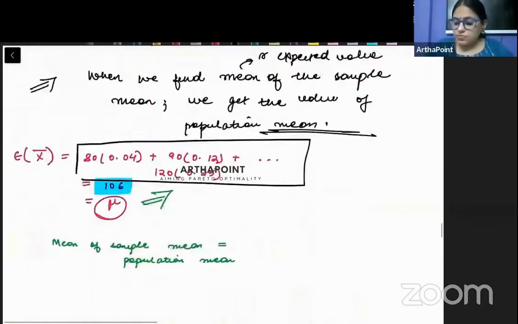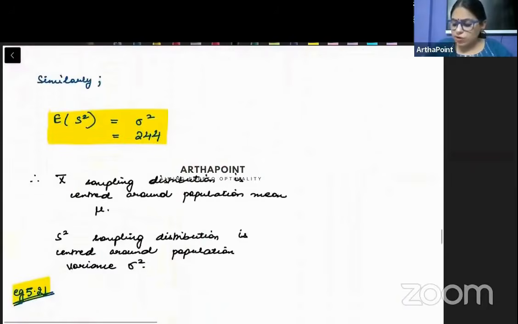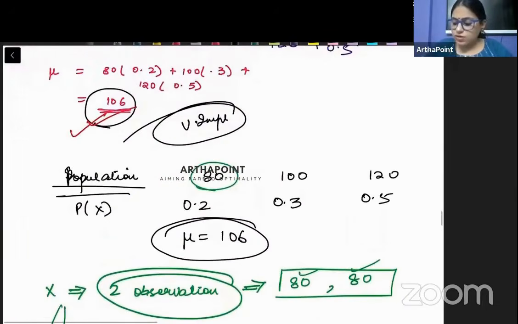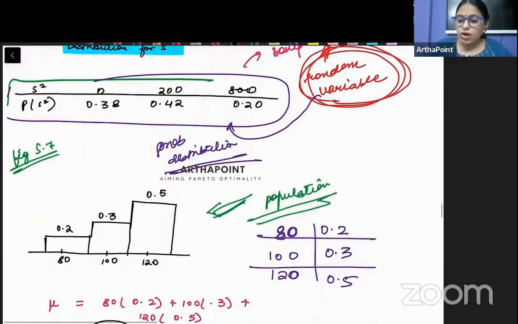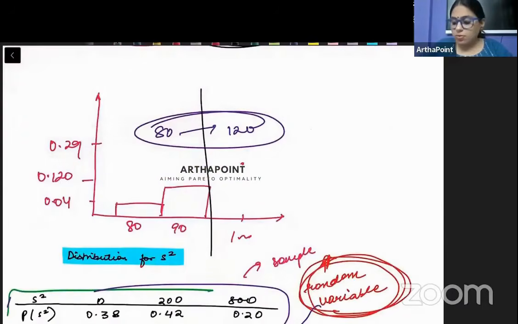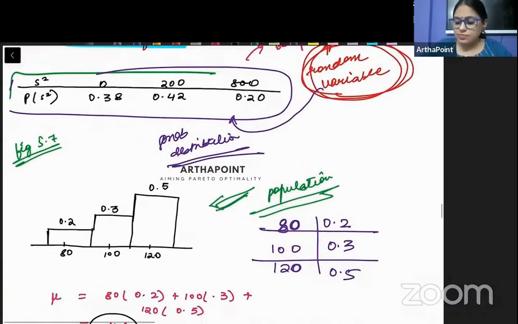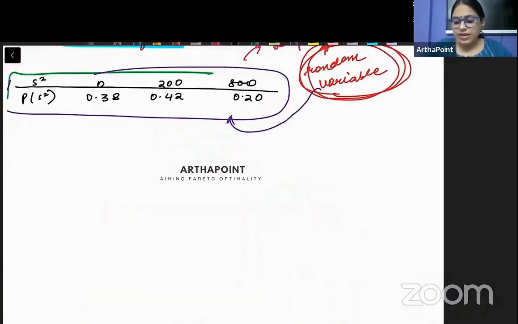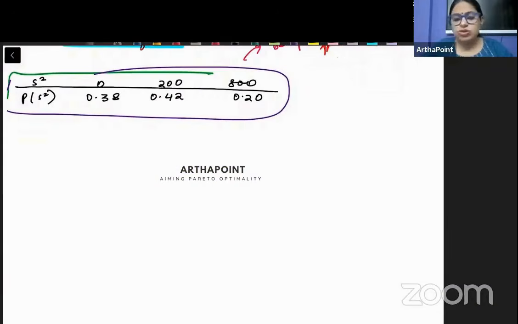Okay बेटा. अब हम क्या करते हैं ना? Let us try to find out the expected value of the variance. तो हमने ये sample variance का probability distribution यहाँ पे बनाया है. Right? हमने यहाँ पे इसका probability distribution create किया है. So if I ask you, beta, what will be the expected value of this? तो आप बोलोगे, and this is nothing but value multiplied with its probability.